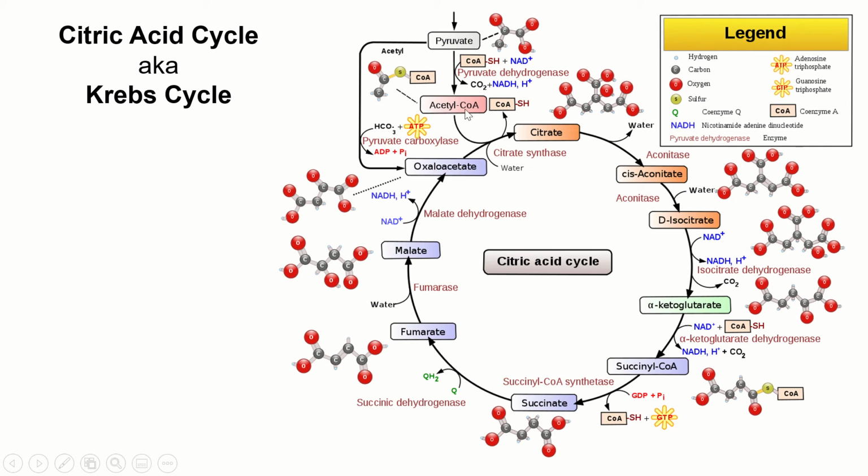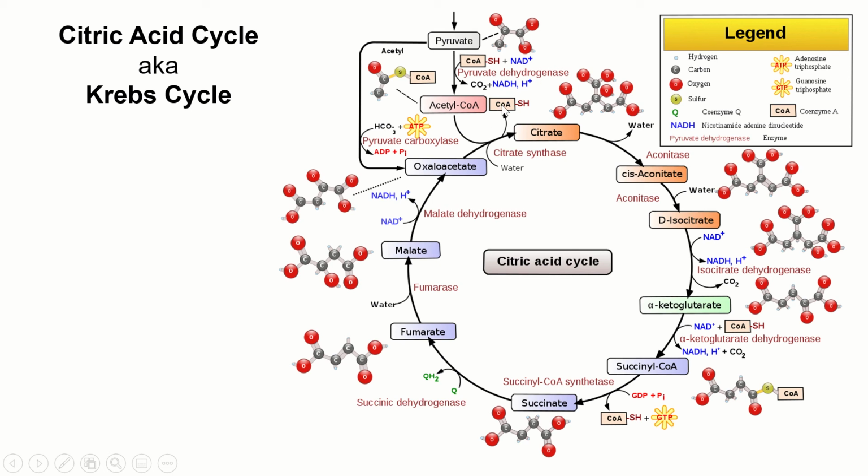The acetyl-CoA, remember it's a coenzyme, hands off the acetyl part to this 4-carbon molecule to create citrate. And that's why it's called the citric acid cycle, because citrate is citric acid. Go ask your chemistry teacher about the difference between ates and acids.